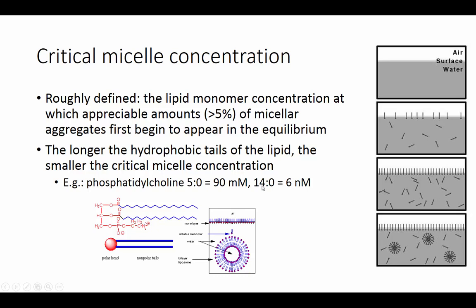But if you have carbon chains that are 14 carbons long, you only need 6 nanomolar of phosphatidylcholine 14O to hit that critical micelle concentration. So this is one way we can quantitate lipids in solution.